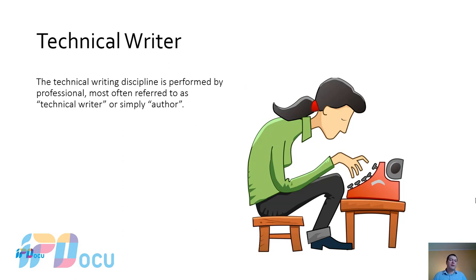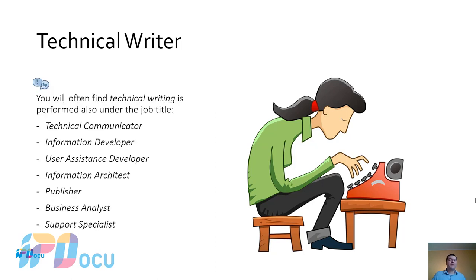Let's also take a look at who actually is a technical writer. As per definition, the technical writing discipline is performed by professionals, and those people are most often referred to as technical writers or simply authors.